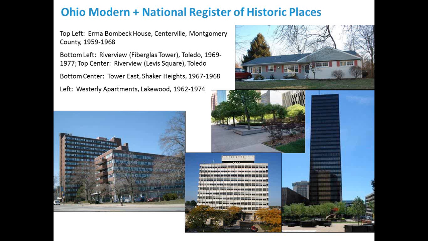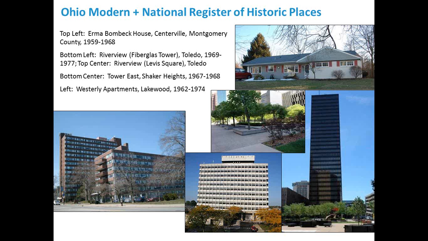And Westerly Apartments, 1962 to 1974, and they are thought to be the first example of a federally funded housing and urban design, HUD money, affordable elderly housing in the country.